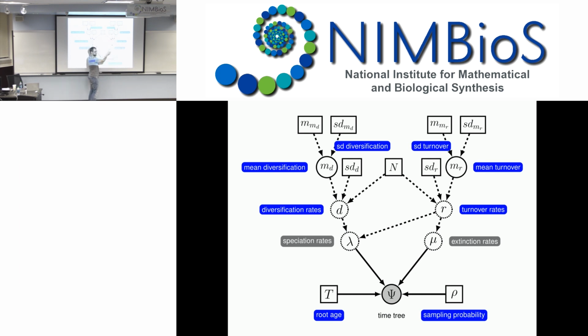Then you just do exactly the same parameter transformation from the diversification rates and turnover rates to get speciation and extinction rates, and then you throw that into your birth-death process. So in that sense, it's really following exactly the same ideas and outline that we had before.